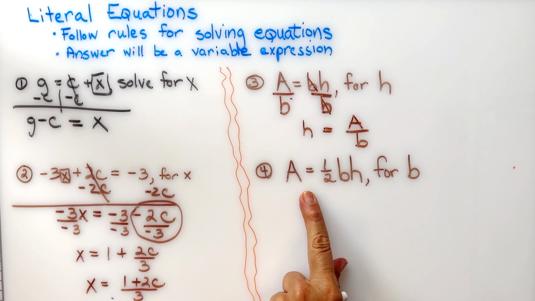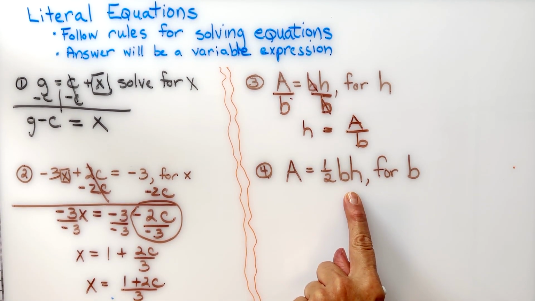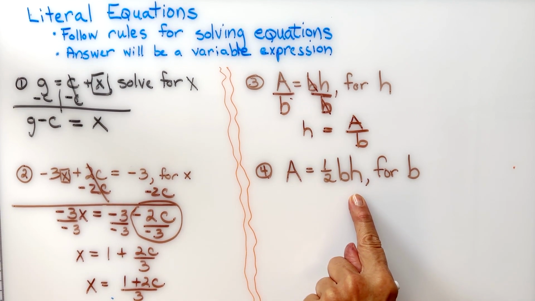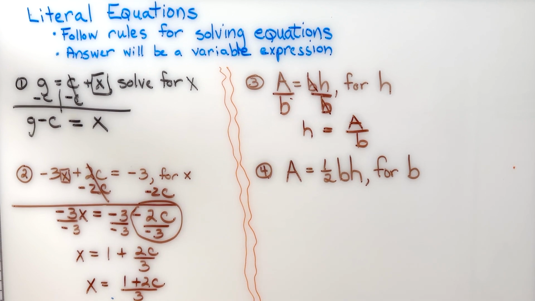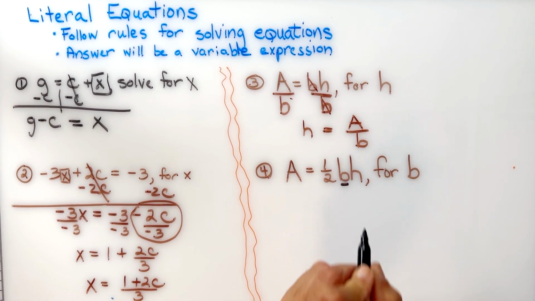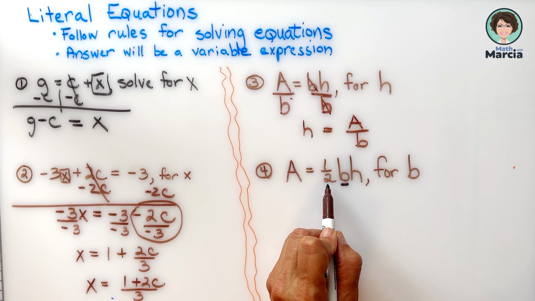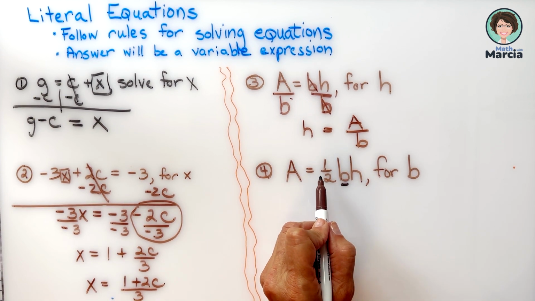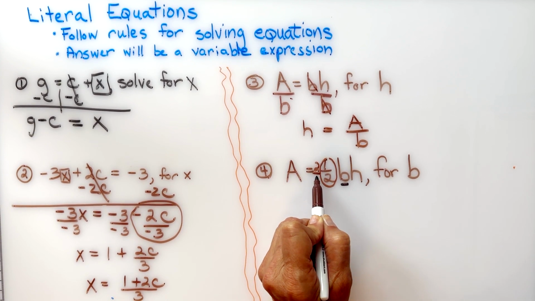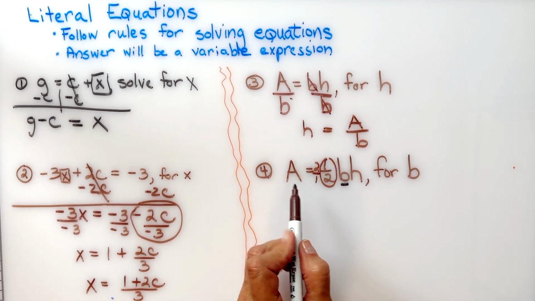The last one is the formula for a triangle. Area is equal to 1/2 base times height. And we are going to solve this time for letter B. So as I'm working that problem, I know if I were solving an equation, I need to multiply both sides by the reciprocal of 1/2 in order to have this cancel out.